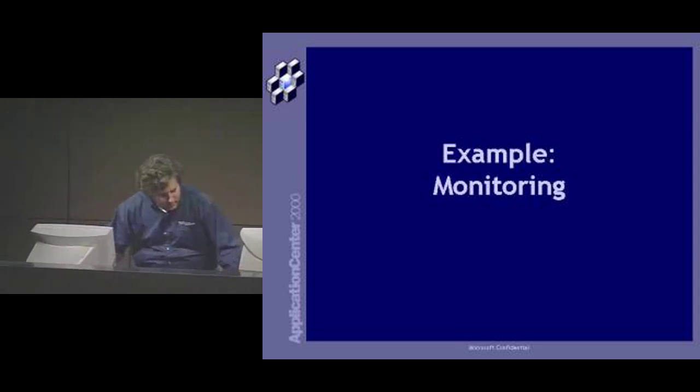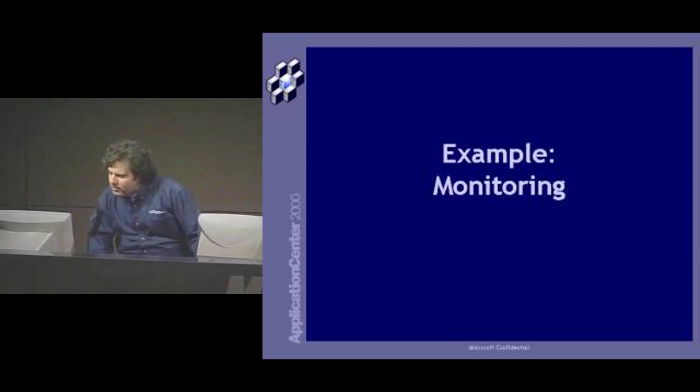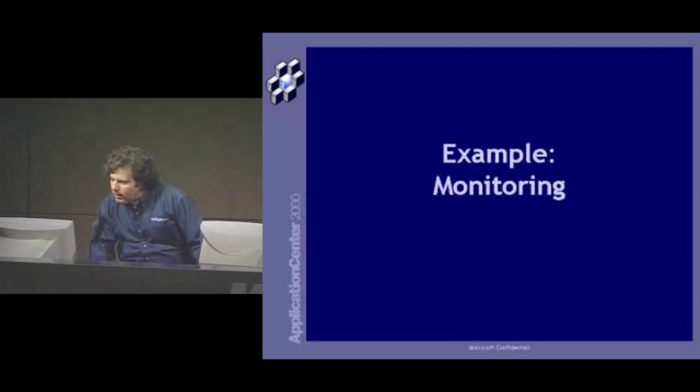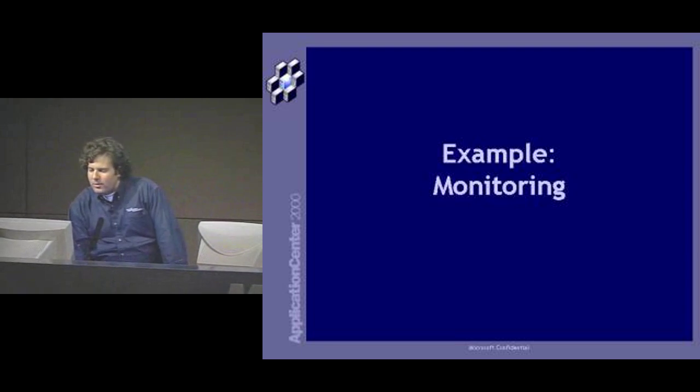So let's show you HealthMon live, and this should be on this machine. Let's show you that it actually does work. Let's create a new monitor here. Let's try performance monitor.